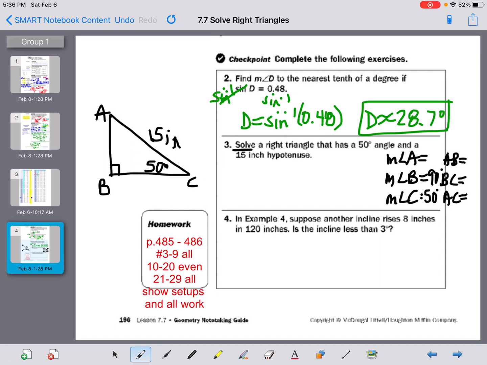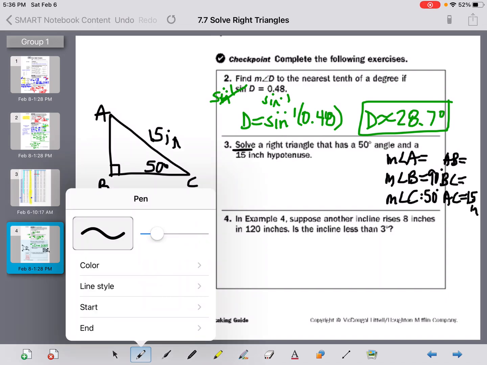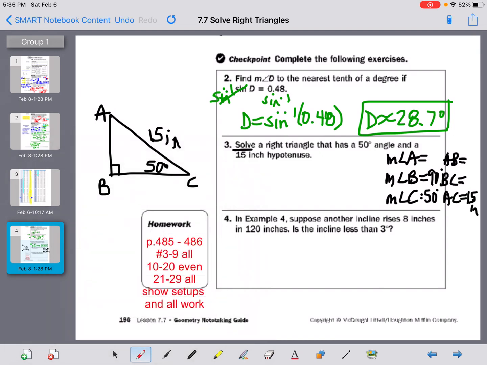I know my side AC is 15 inches. Okay, remember, you should always know 3 at least. Maybe they'll be nice and give you more. Okay, first one that's probably the easiest is angle A. I know for angle A that all my angles add up to 180. So if I subtract my 90 and my 50, I get 40 degrees.